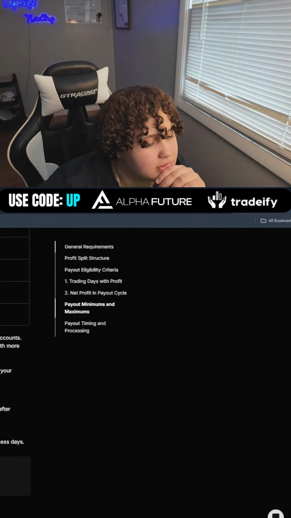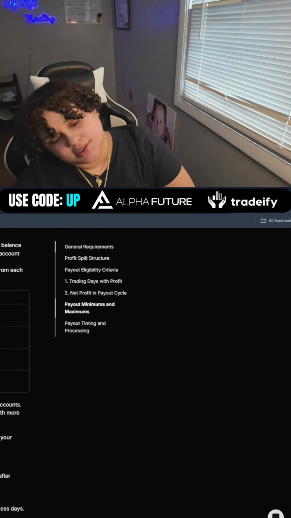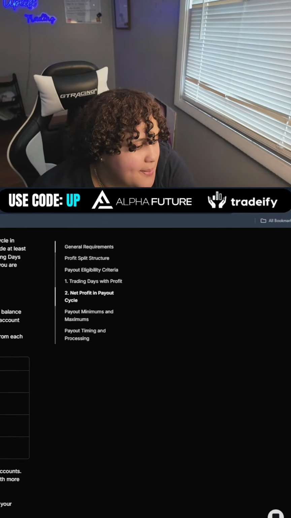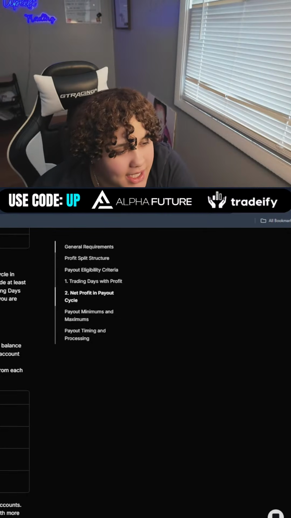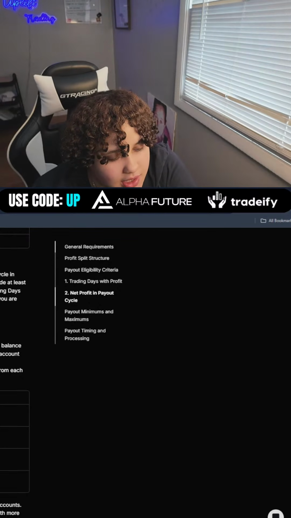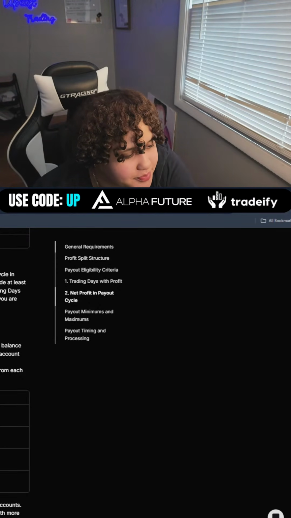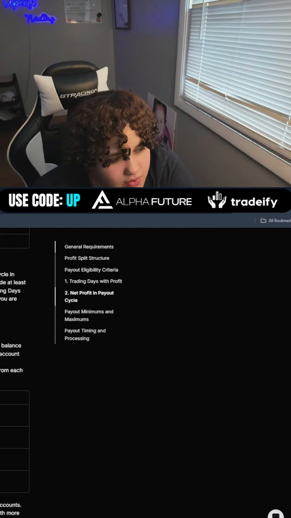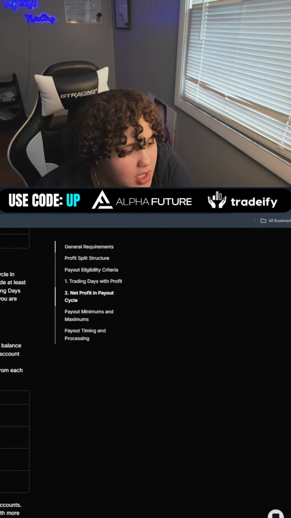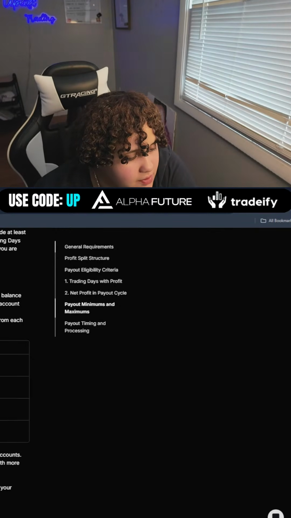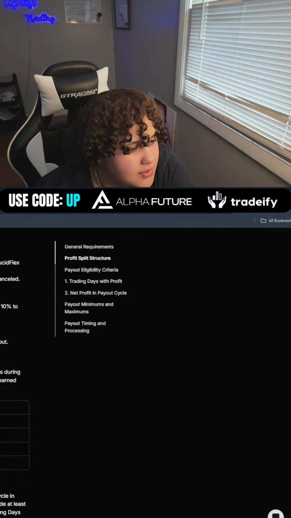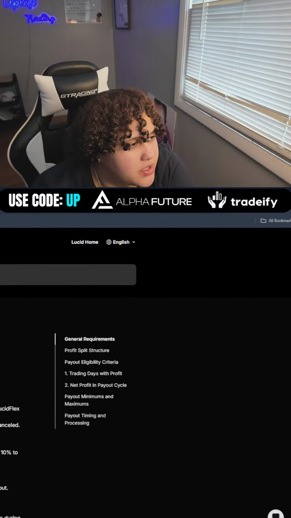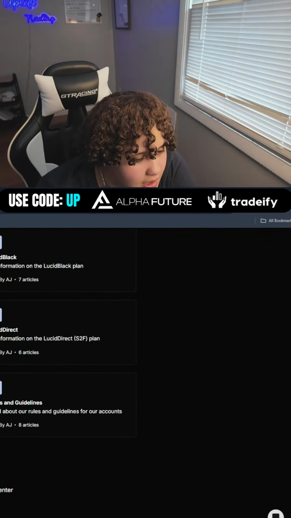Not horrible. It's still capped. But I guess it's good that you don't need a specific buffer. Traders may take up to 6 payouts from each Lucid Flex account, after which they will be moved to live. That's also, I would say, regular. You see that a lot.